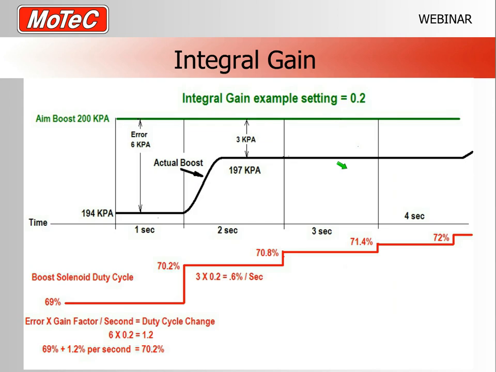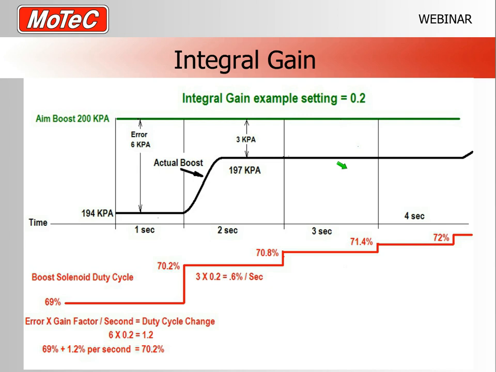What the integral does is it helps eliminate that final error, and the longer the error exists, the more it keeps adding. It's actually based on time. So from our last screen we have a duty cycle of 69% and a manifold pressure of 194 and an aim of 200. So we have an error of 6 kPa.